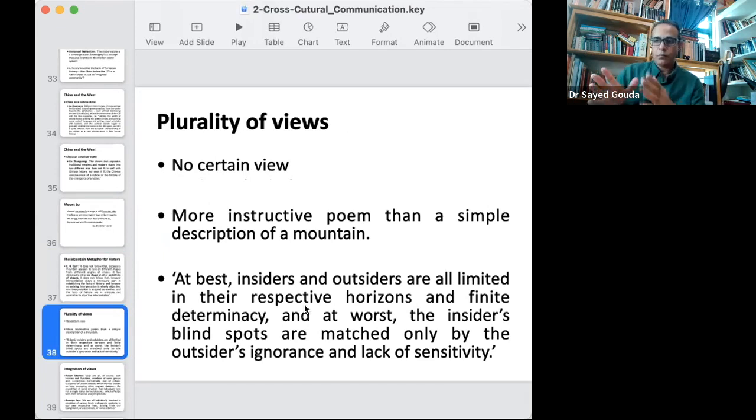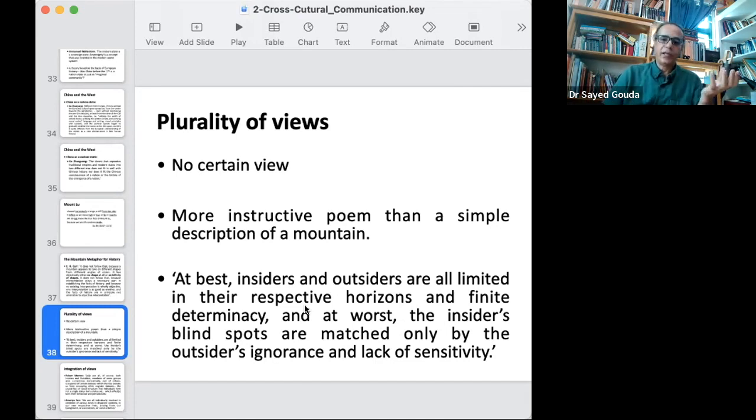And if we put it in line with what we said earlier at the beginning of our talk, it is to distance the familiar and to familiarize the foreign phenomenon. So there is no single view that is best. It's not by getting too close or by staying so far. It's by combining both, by adopting both. We need both techniques, both methods, in order to have a better understanding.